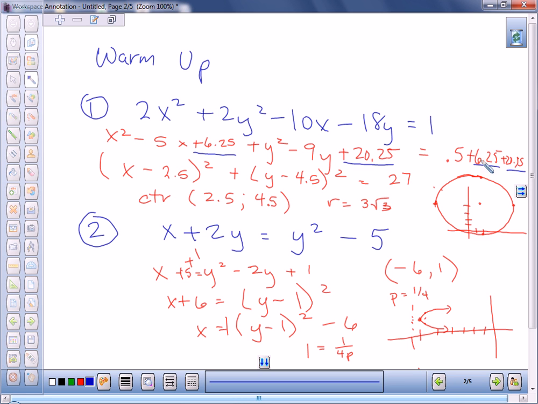Okay, did you add 6.25 and 20.25 to 1/2? No. Okay, that's where the issue happened. Did you add the 6.25 here and the 20.25? You may have written this as 5/2, so you may have written this as 25/4. Yes. And then did you write this as 81/4? Yes. Okay.